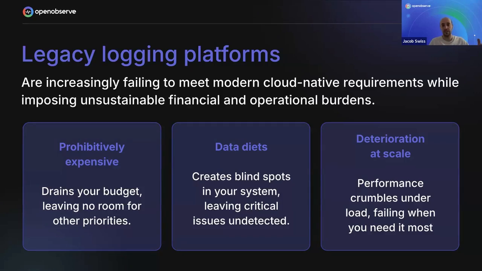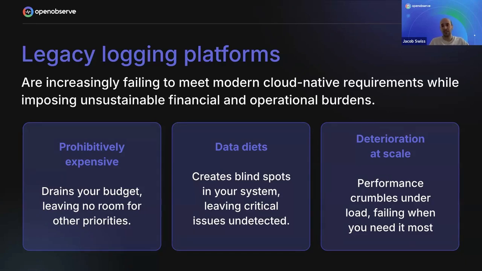It drains their budgets. And to counteract that problem, many companies have to end up going on data diets, cutting out valuable telemetry or what they assume is less valuable telemetry, but that creates gaps in your observability. And essentially no one wants to deal with not being able to get to root cause when they're in the middle of an incident.